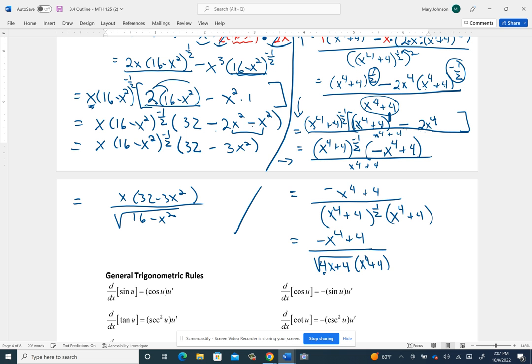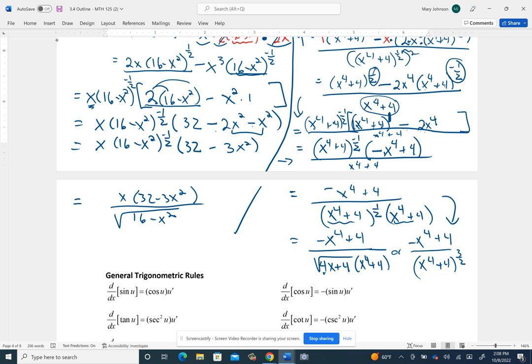Okay. Now you notice though that these were the same base. I like to consolidate that. That would wind up being x to the fourth plus 4 to the 3/2. Okay, so I'm really looking from here more than what you see next to it.